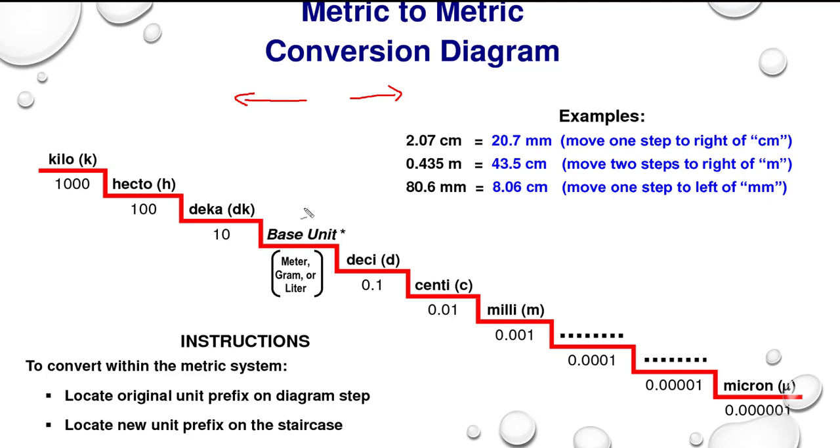So for example, let's say that I have 10 meters. That's what I'm starting with, and I want to convert it to kilometers. My decimal point currently is right here, and I need to move it how many spaces? Well, remember kilometers was 10 to the 3rd power, so I need to move it 3 spaces. 1, 2, 3.